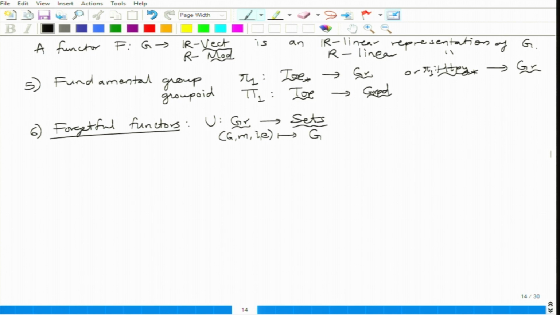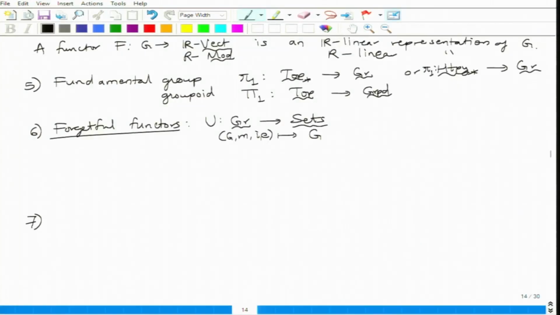But can I say that the natural map from abelian groups to groups is a forgetful functor? No, why not? It's also forgetting something. It's forgetting abelian structure. It's forgetting a property. It's not a forgetful functor.